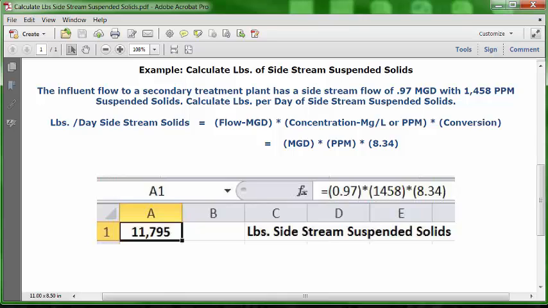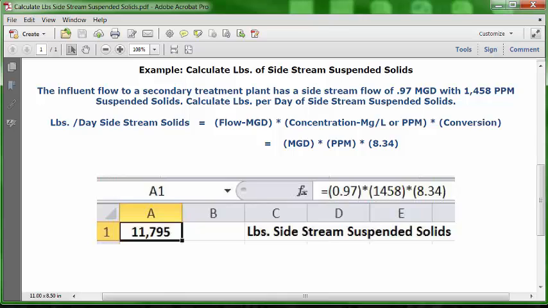I will put my cursor in A1, and I would format it as numbers, 0 decimals, commas every 1,000. Then I would set it as bold and centered.